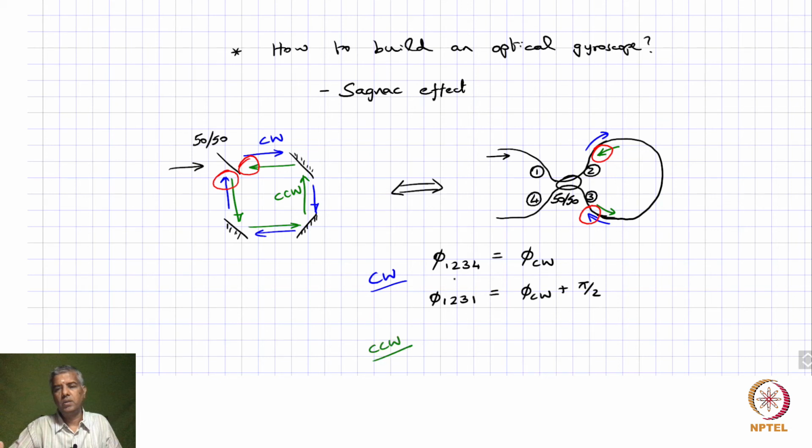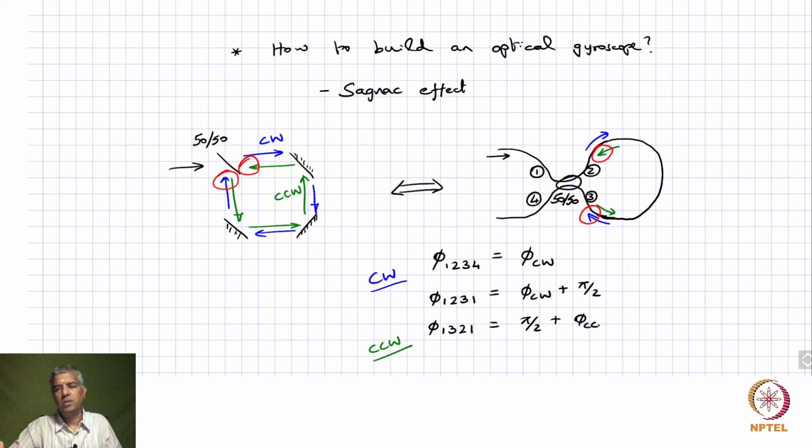Now let's move on to the counterclockwise beam. So for the counterclockwise beam, you're starting with 1, but then you're going to 3 to set up the counterclockwise wave, and then you're going to 2, and then let's say you're ending up with 1. Okay, if we look at that, from 1 to 3 you are going through pi by 2 phase shift, and then you're going through the counterclockwise path in the same fiber.